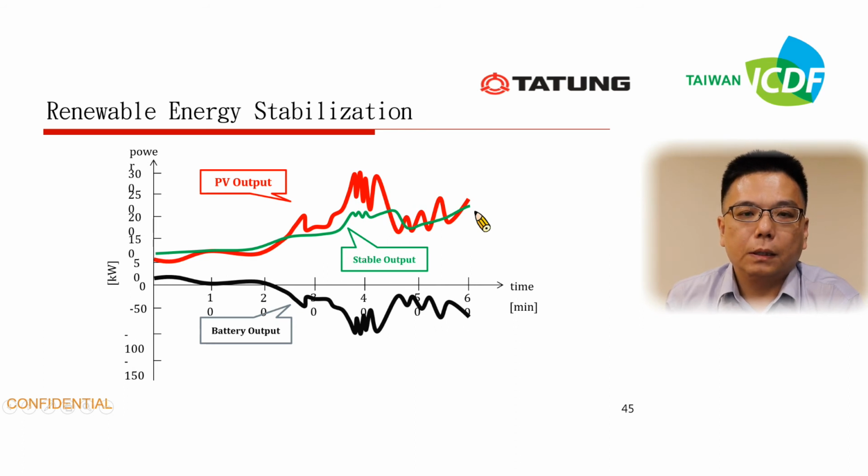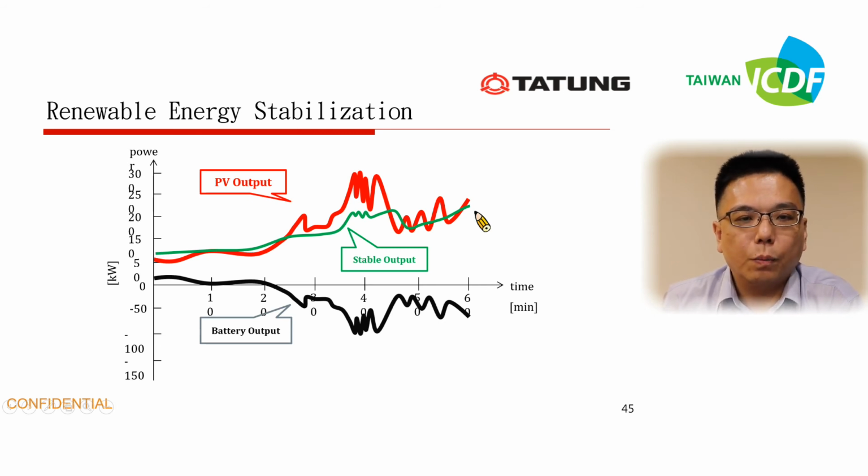But in some places the weather may transfer very quickly from sunny day to cloudy day. Because of this, the PV system's power generation has a large fluctuation.